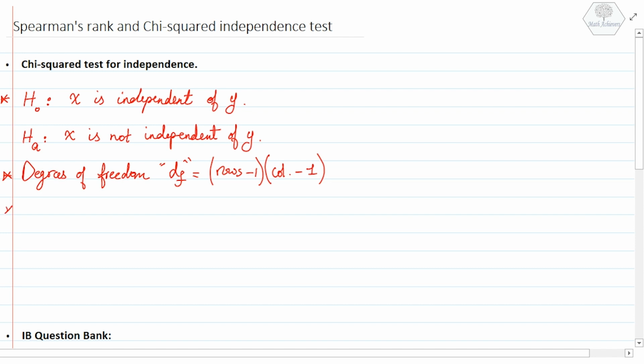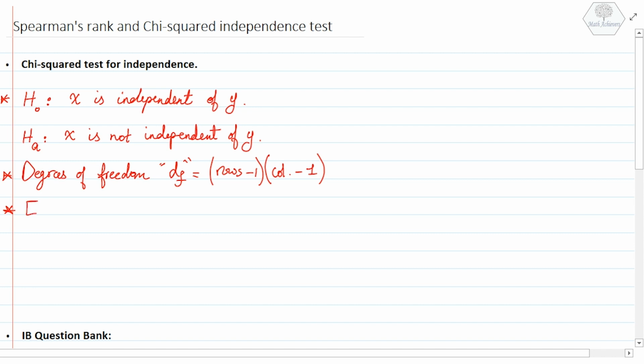Also, we have to know how to find the expected value for any measure in the observed frequency table.